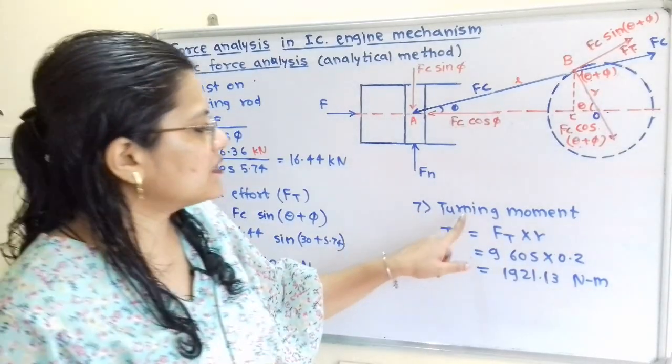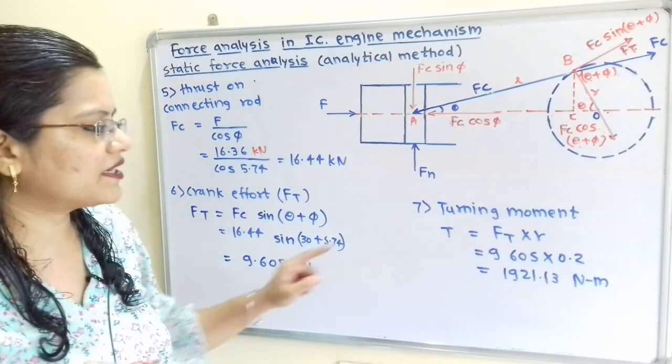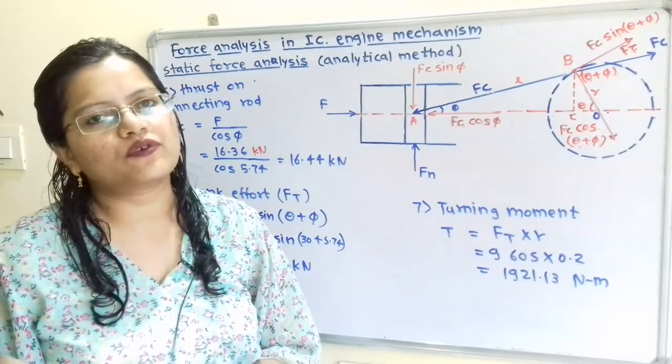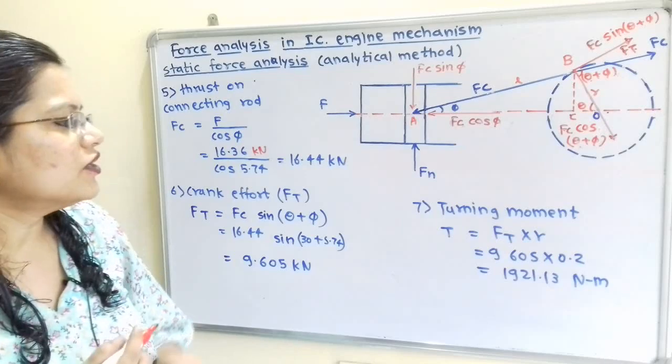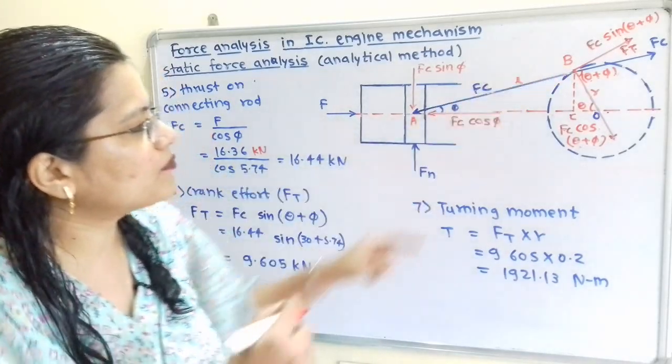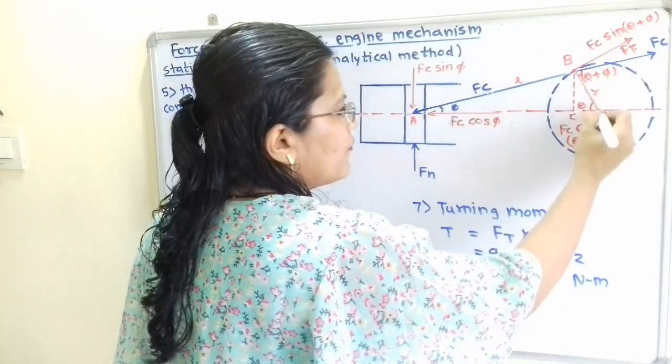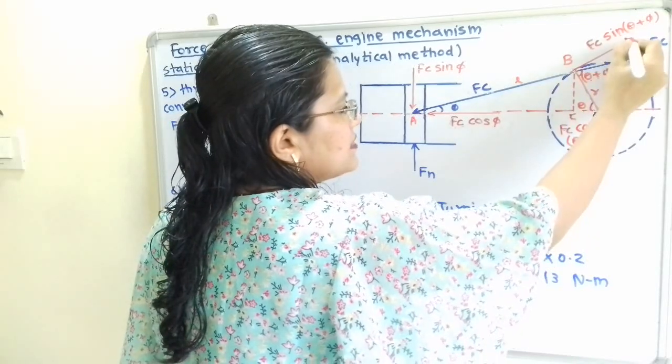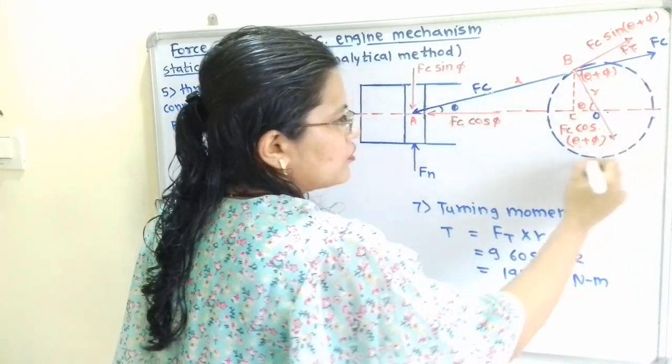Now last is turning moment, that is T. How to calculate the value of T? If we observe this crank of radius R, this Ft is tangent to the motion of the crank.